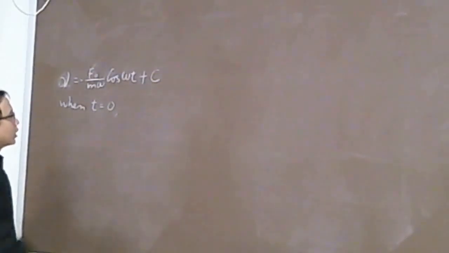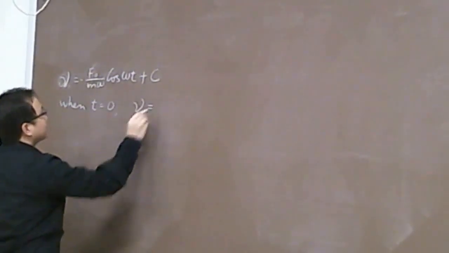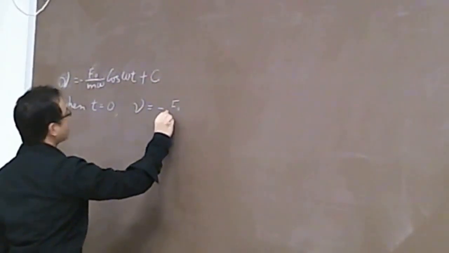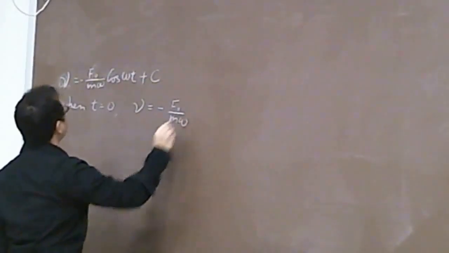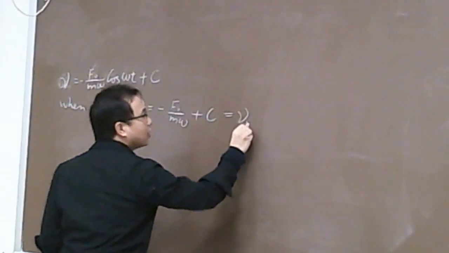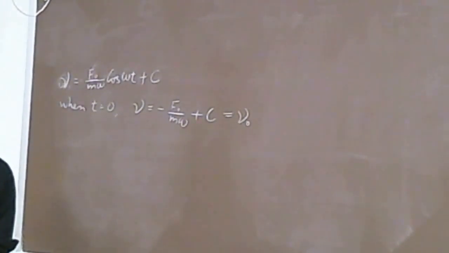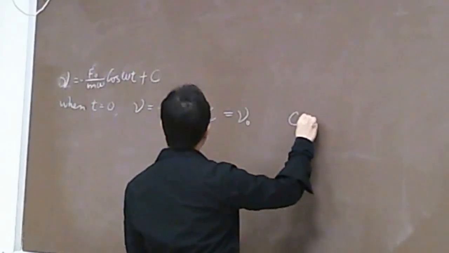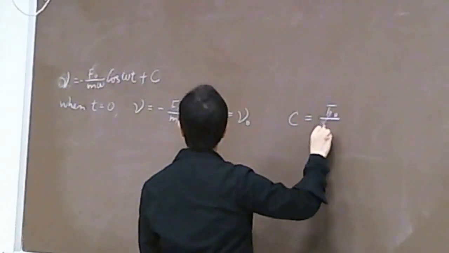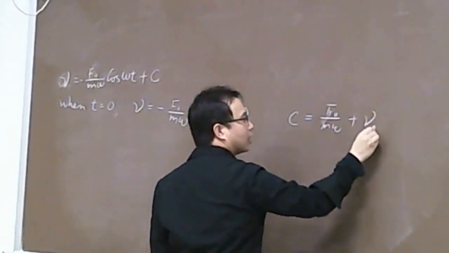When t equals 0, according to this, the velocity equals negative F naught divided by m omega, cosine 0 equals 1, plus c. But when t equals 0, this must be equal to v naught, the initial velocity given, right? So that indicates c is actually F naught divided by m omega plus v naught.